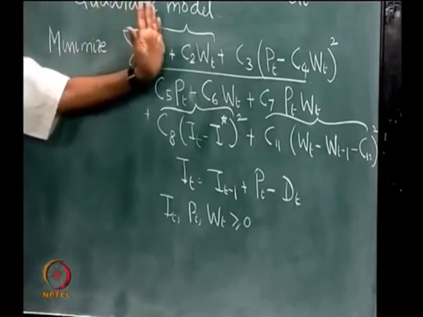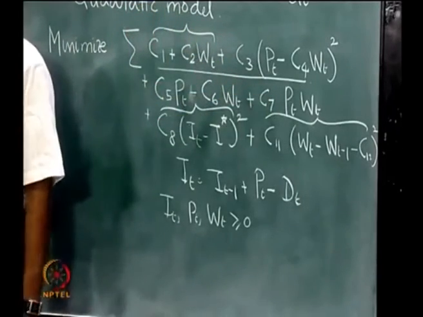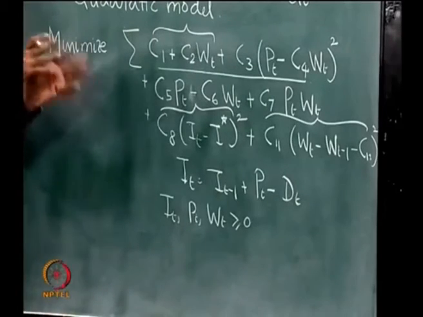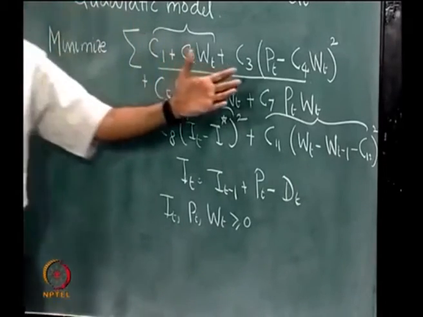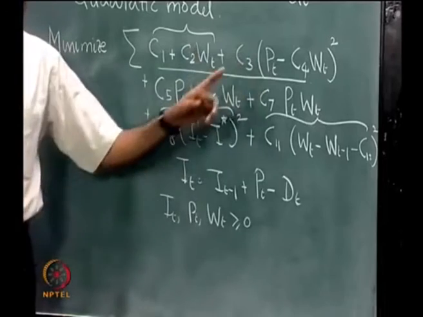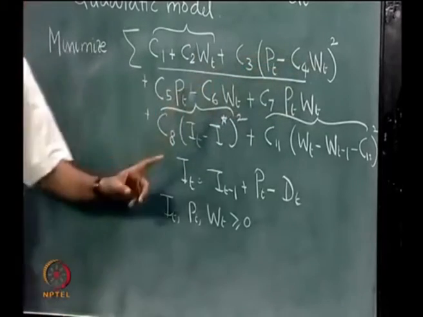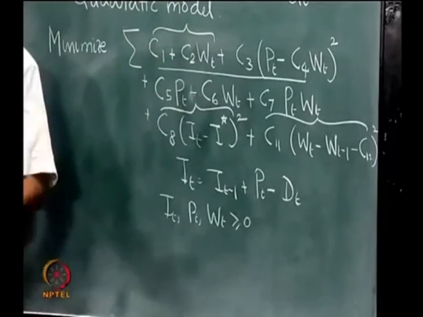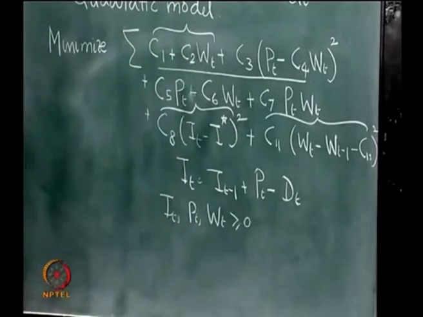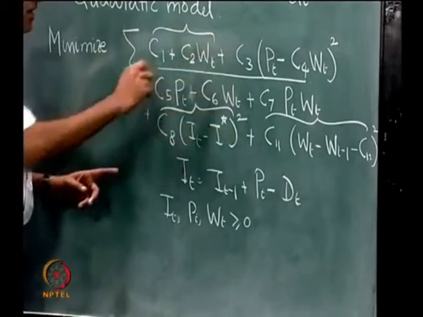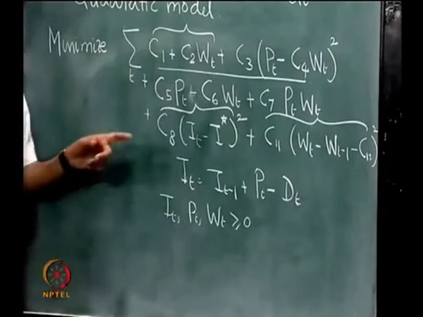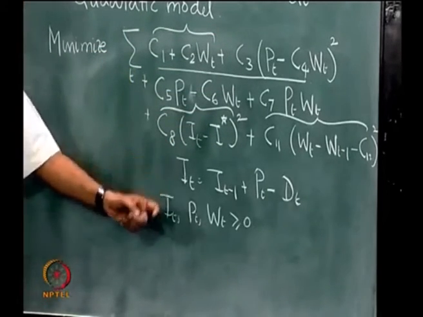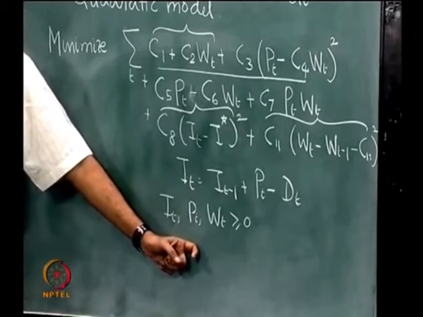This is only a representative quadratic function, where some of these costs are shown as quadratic functions of the decision variables, which are essentially Pt, Wt, and It. So, one may look at other objective functions also, but the objective function is quadratic, the constraints are linear, and then we have non-negativity restrictions on the variables.